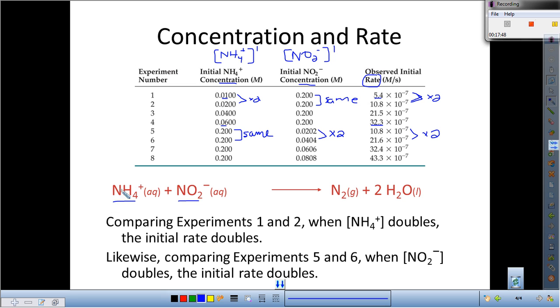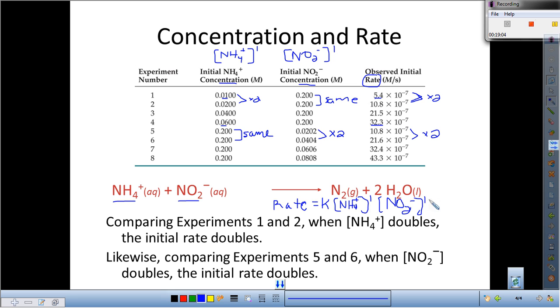So for this reaction, the reaction of ammonium and nitrite to yield nitrogen gas and water, we can say the rate is equal to the reaction constant, little k, times ammonium raised to the 1 and nitrite also raised to the 1.